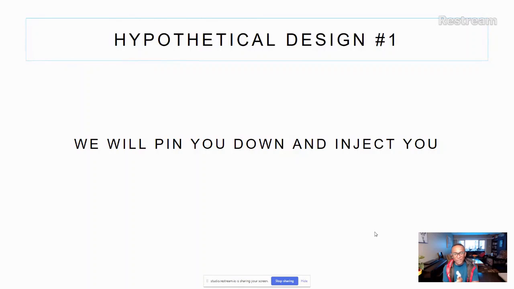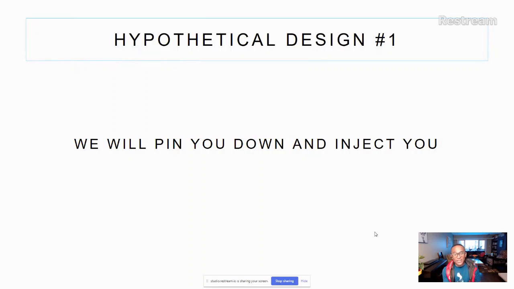So here's hypothetical number one. The government sends the police to get you, pin you down, and inject you. I don't think anyone's going to do this, but maybe it'll happen. I don't think it's ever going to. Any government that does this surely will face a charter challenge, and I think the charter challenge will succeed.